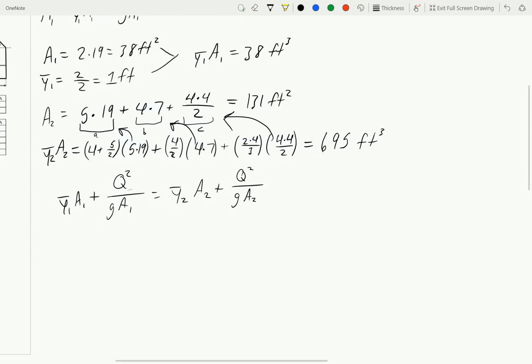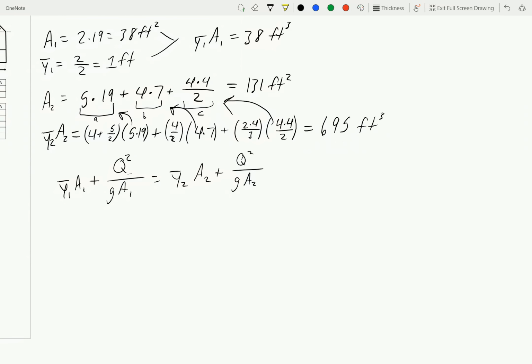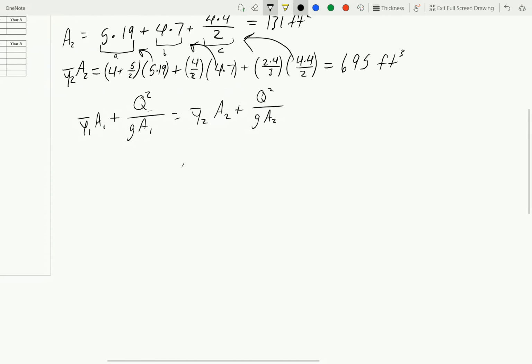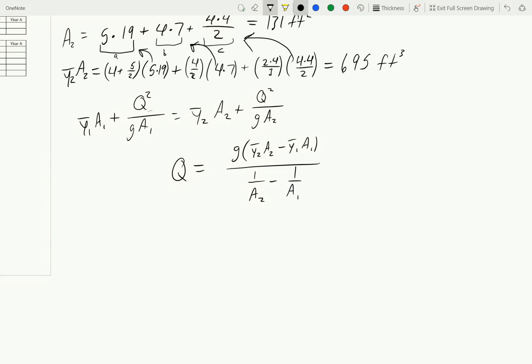Actually, to make this more simple, instead of plugging all these numbers in, we're going to solve for Q symbolically before we do anything. I'm not going to go through how to do that because it's a pain, but when you do end up doing that, we have the square root of G times y bar 2 A2 minus y bar 1 A1, all over 1 over A2 minus 1 over A1.